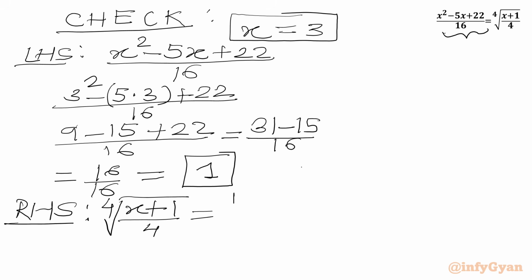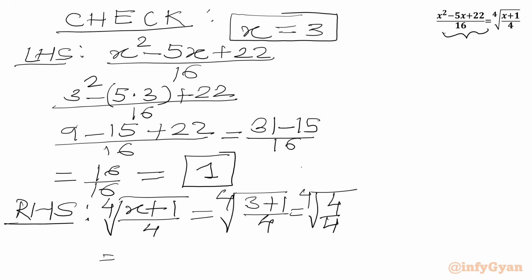X is 3, so the 4th root of (3 + 1)/4 will be equal to the 4th root of 4 over 4. 4 over 4 is 1, so we'll write the 4th root of 1. The value will be 1. So in the LHS we have 1, and in the RHS it is again 1. LHS equals RHS. Hence our solution x equal to 3 is true and verified.